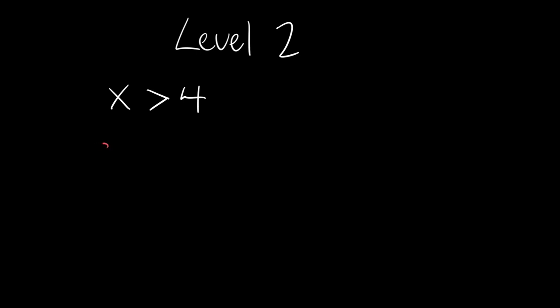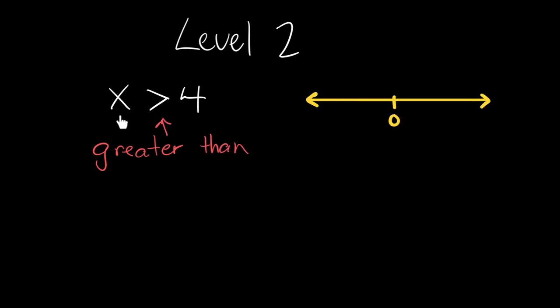Now for a problem like x is greater than 4, the question is, what value could we put in for x? There's an infinite supply that we could put in for x. And that's where we introduce a number line. 4 is right there on the number line, and numbers greater than 4 start here and go in this direction.